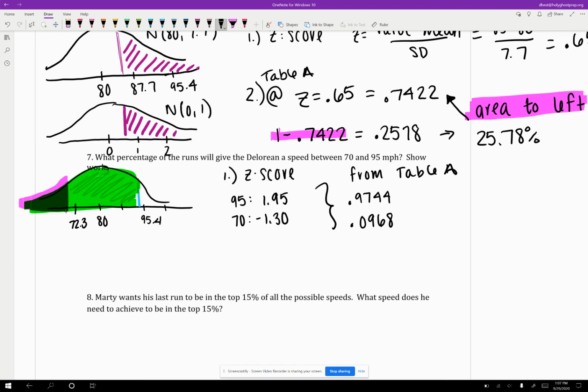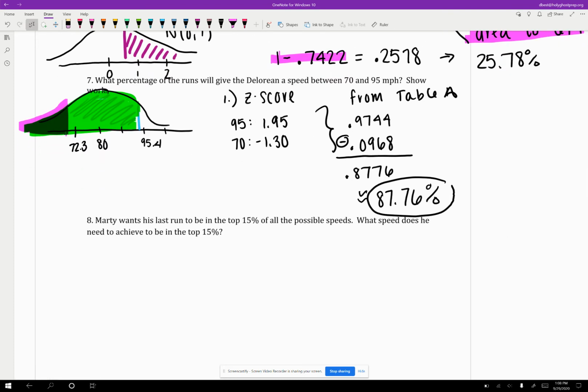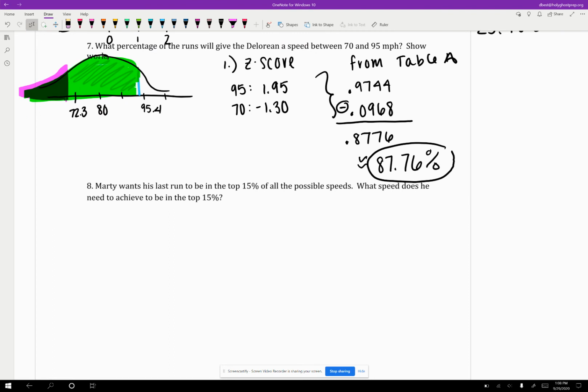which means to solve for just that green section that's included in between both of them, I'm going to take the difference. I'm going to subtract these, which means I get 0.8776, or approximately 87.76% will fall in between 70 miles per hour and 90 miles per hour. In my last example here, I'm being given the percentage, and we have to solve for the speed.